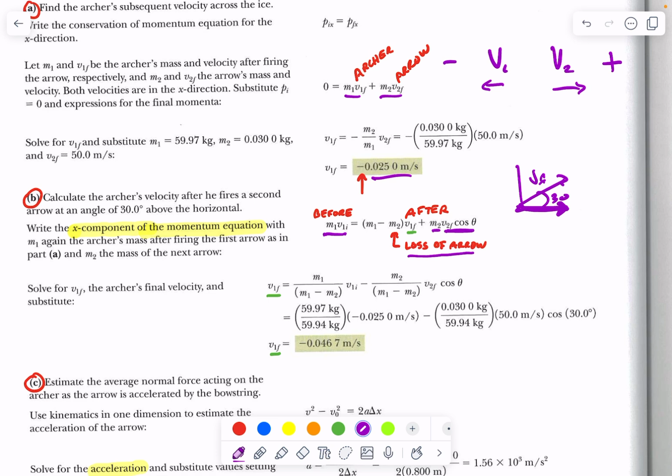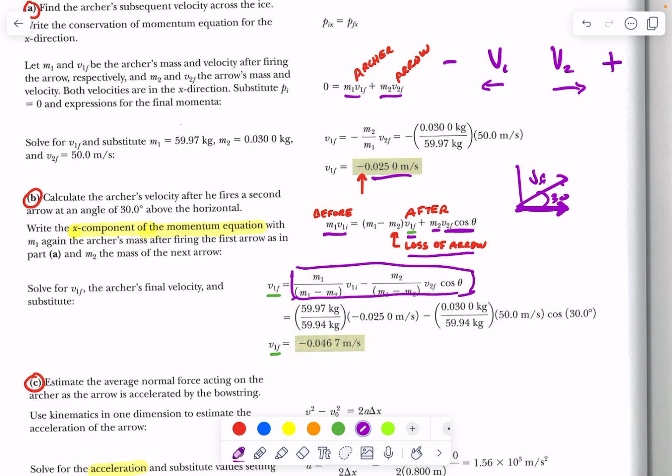So when we solve this equation for what I highlighted in green right there, the velocity of the archer after the archer fires the second arrow, we get a rather complicated equation that looks like this when we solve the above equation for the final velocity of the archer.